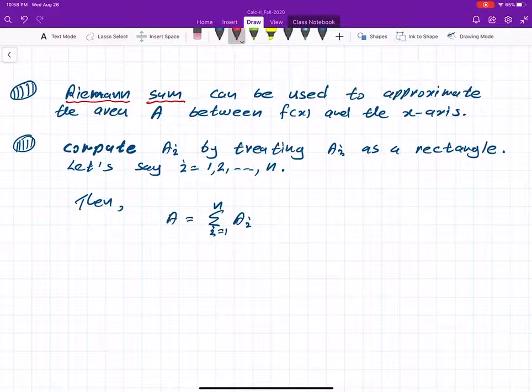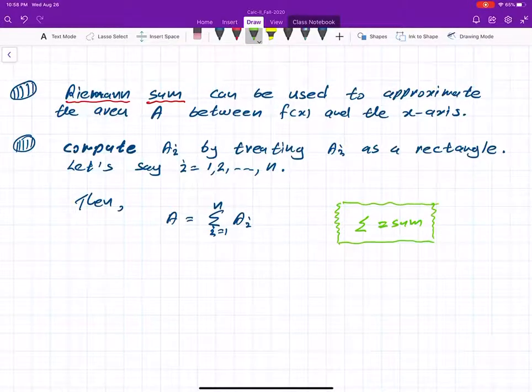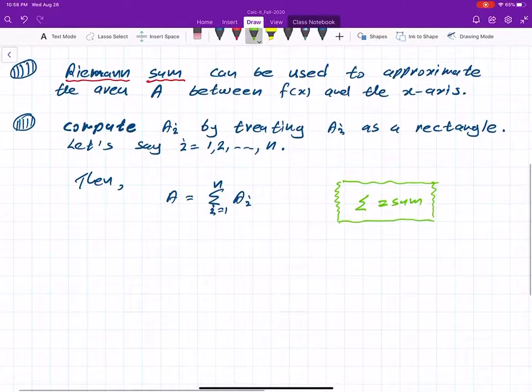You know this. Sigma is used for summation. Use sigma to denote the sum. i goes from 1 to n, where n means you make n such sums.